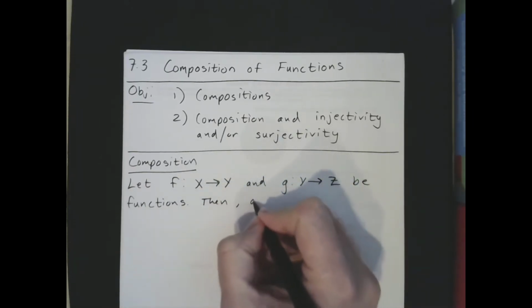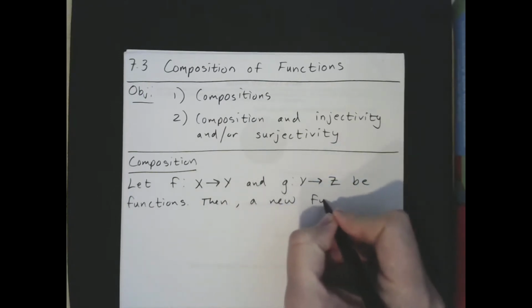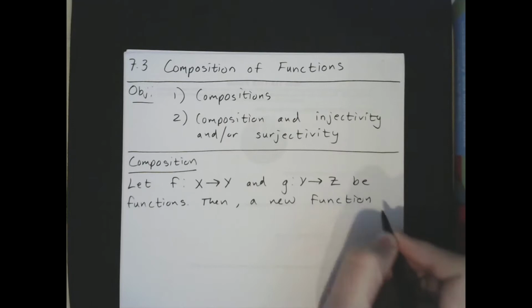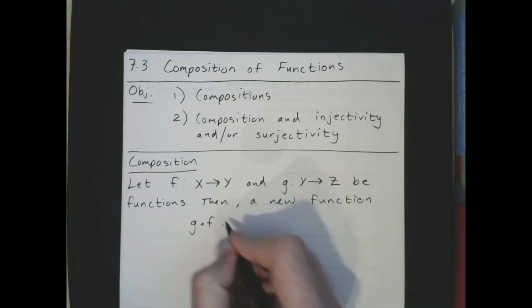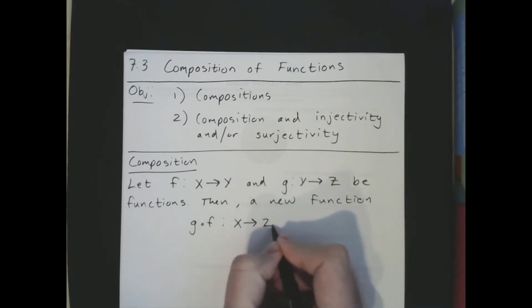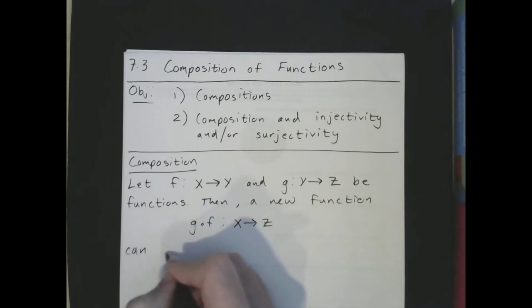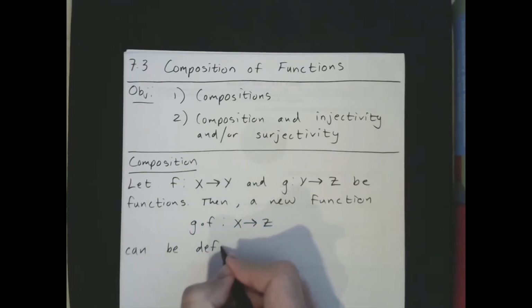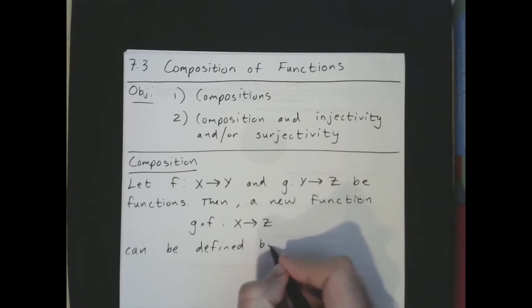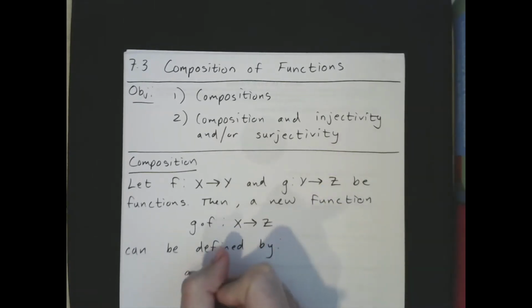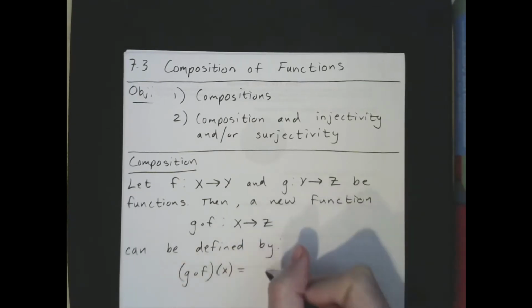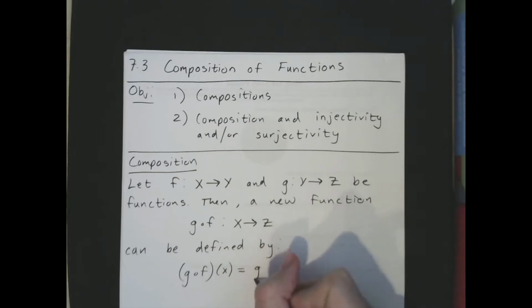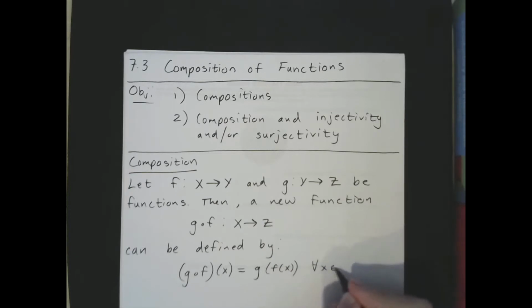Then a new function, g circle f, maps X to Z. This can be defined by the following rule. So g circle f of x equals the classic definition g of f of x for all little x in the set X.